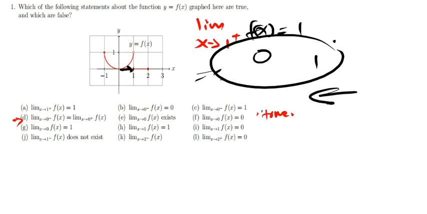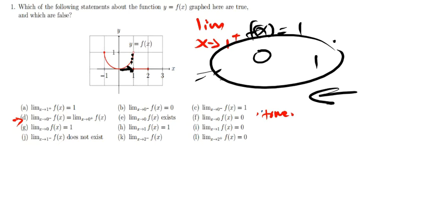This is an open circle though, so from the left side we're going to have 1. But if I get it from the right side, it's going to be 0. Left and right, we need to get the same answer. So the limit as x approaches 1 doesn't exist. That's true.